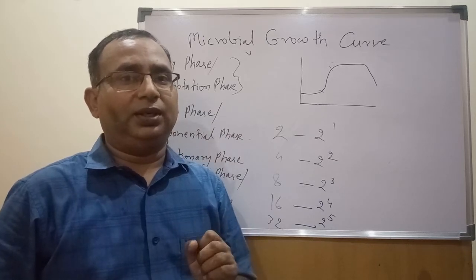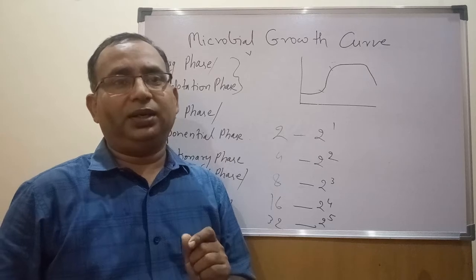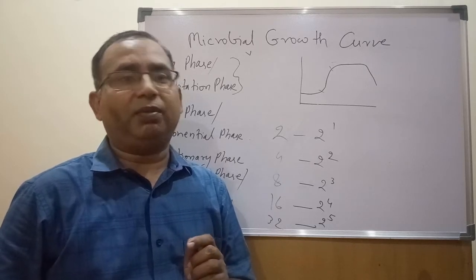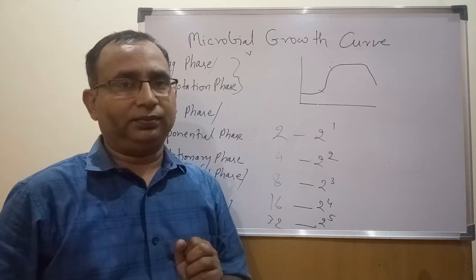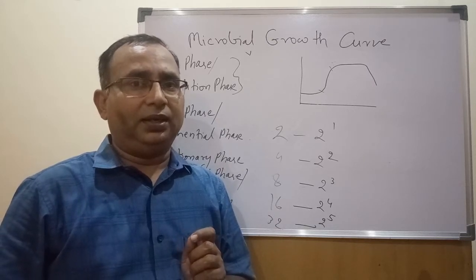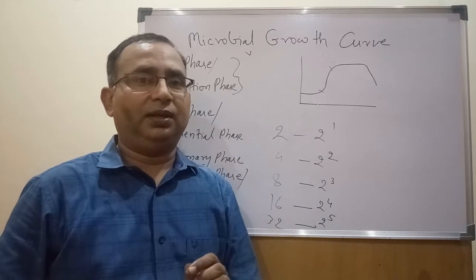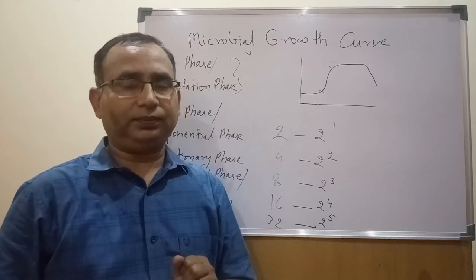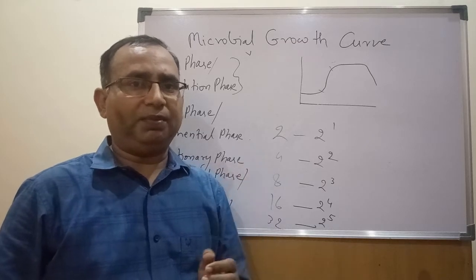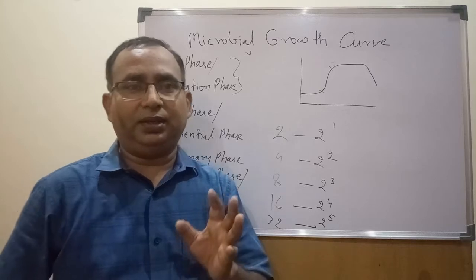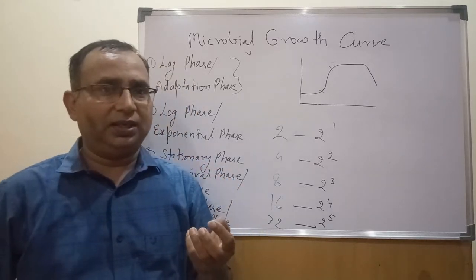Means the cells during log phase are maximally metabolically active, and they keep on synthesizing the maximum amount of primary metabolites. Now we have to discuss what actually the primary metabolites are. What are metabolites?